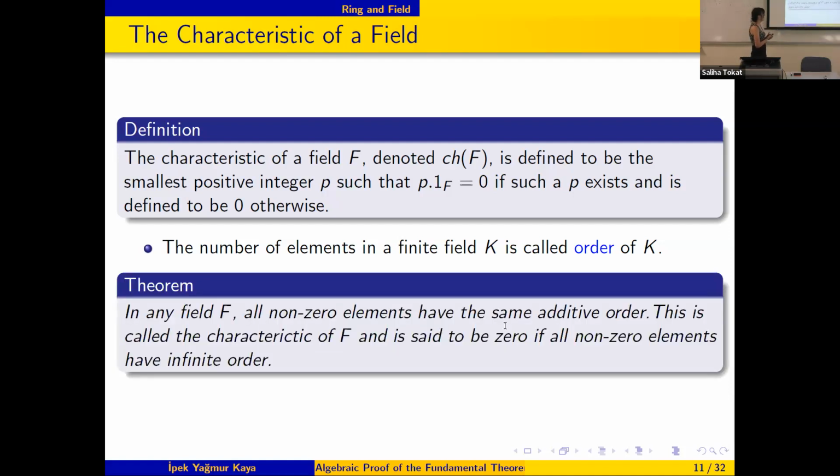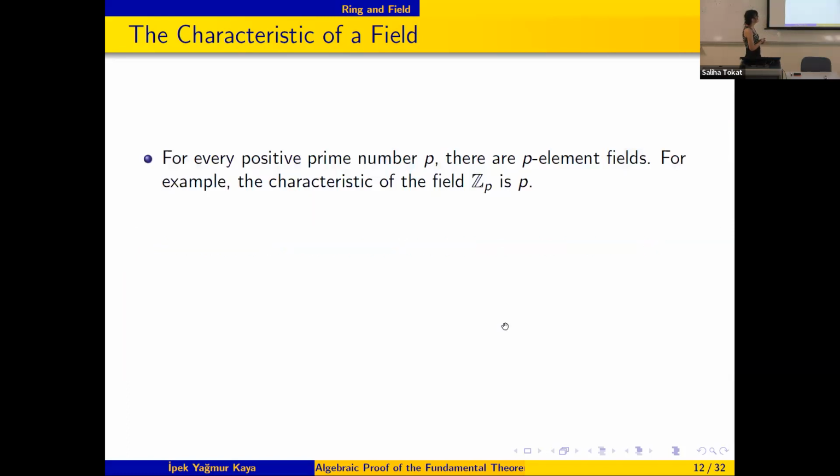And the theorem: in any field F, all non-zero elements have the same additive order, and this is called the characteristic of F. It is said to be zero if all non-zero elements have infinite order. Let's give an example. For every positive prime number p, there is a field with p elements.